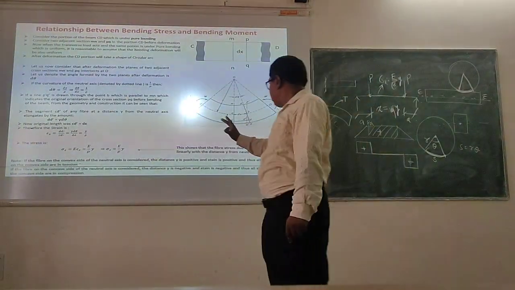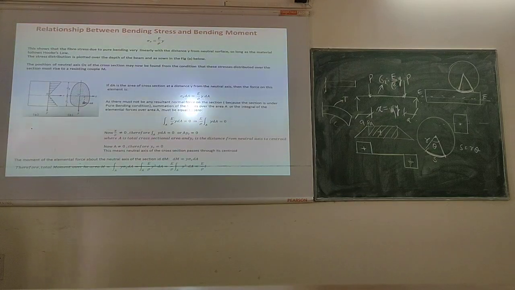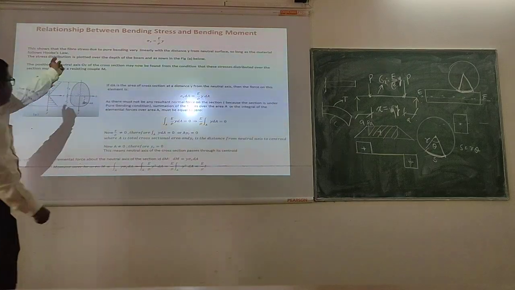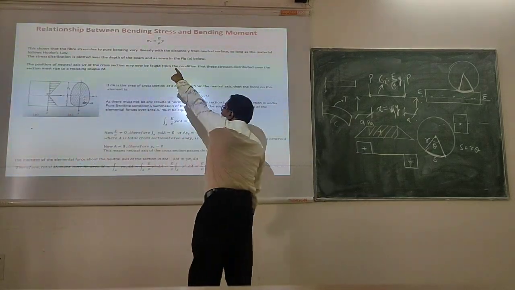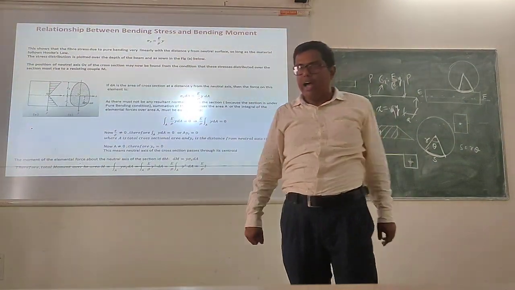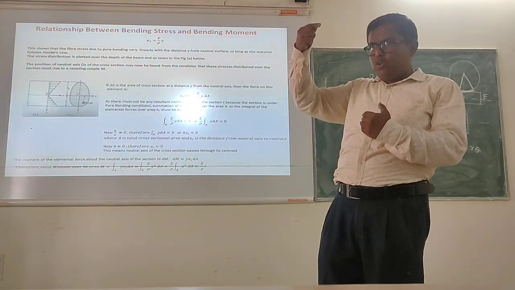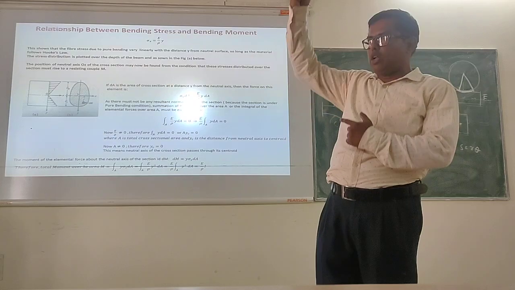So considering that, finally, if you see the stress distribution from the neutral axis, as we have seen, because of the pure bending condition, the equation of the pure bending stress, that is sigma x, is equal to E by rho into y, and it is a linear variation, happening from the neutral axis to the bottom and from the neutral axis to the top.